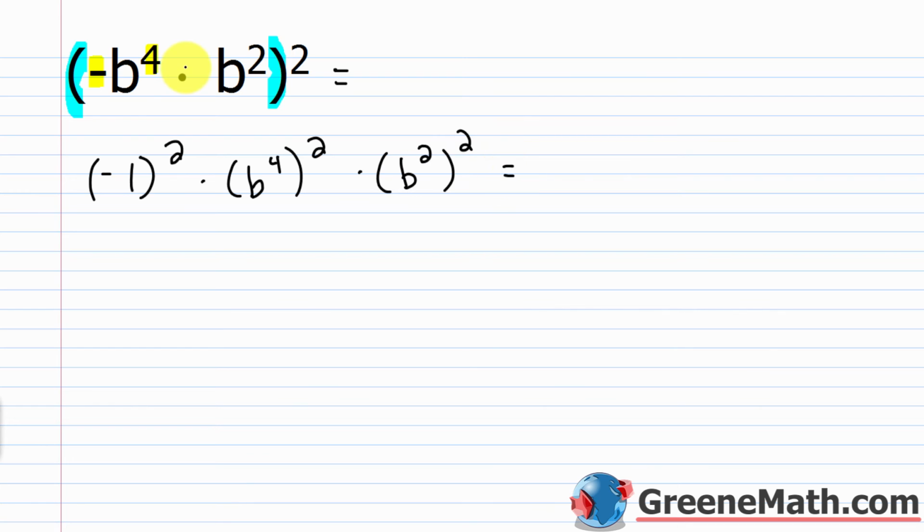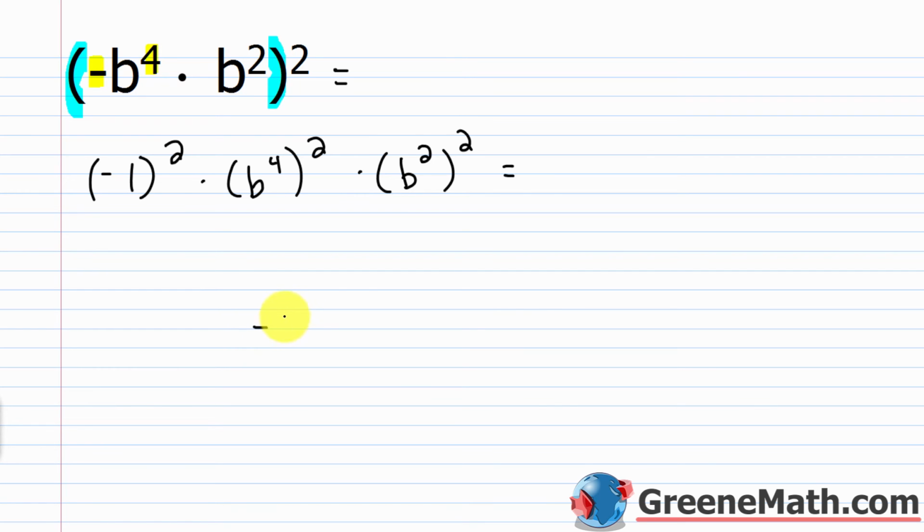So then to simplify this, I can start out by saying, okay, I have negative 1. That's going to be squared. Then times I have b to the 4th power. That's going to be squared. And then I have b to the 2nd power. That's going to be squared. Or I could have simplified in here first and say, okay, b to the 4th power times b squared is b to the 6th power.